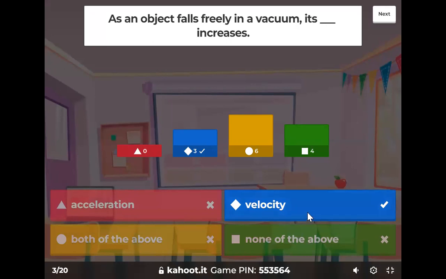But what is the physics term for rate of velocity? Rate of velocity is acceleration. And that's not increasing. That's doing what? Constant, right? You guys remember the poster with the table? Under the acceleration column, it's just 10 meters per second squared all the way down. That's constant acceleration.